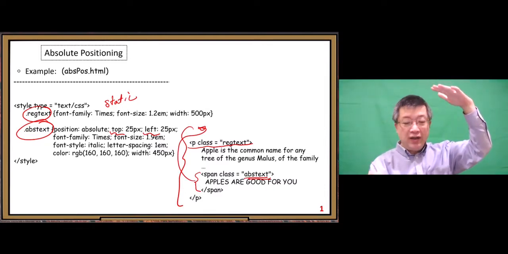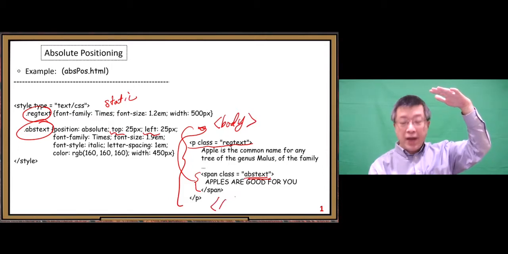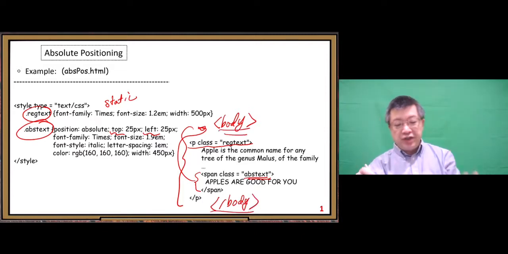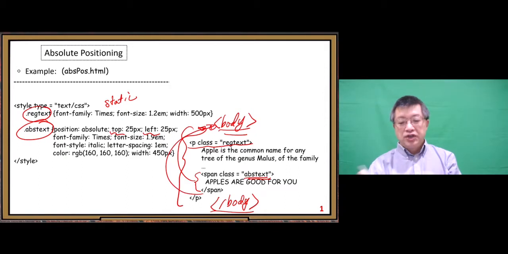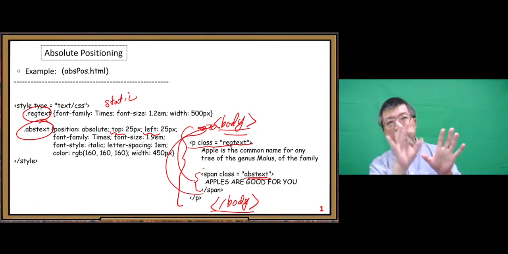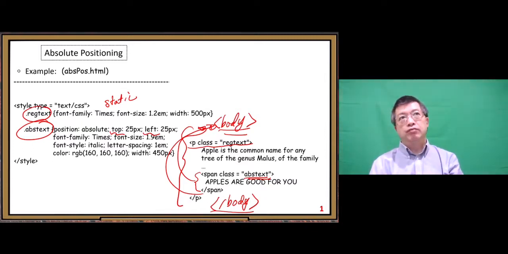If you cannot find one, remember we use body. If we cannot find any positioned ancestor element, we will use the body element. So for this example, we have to use the body element. So absolute positioning is with respect to the body. That's the rule.